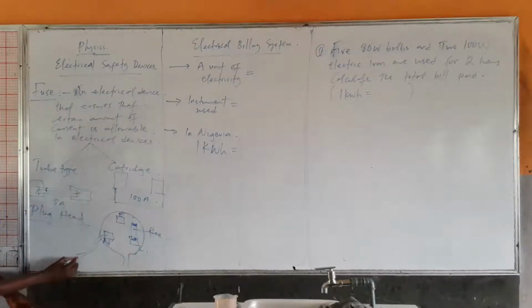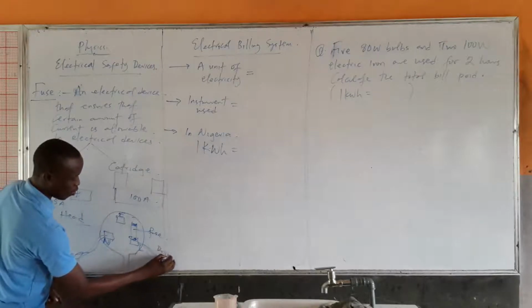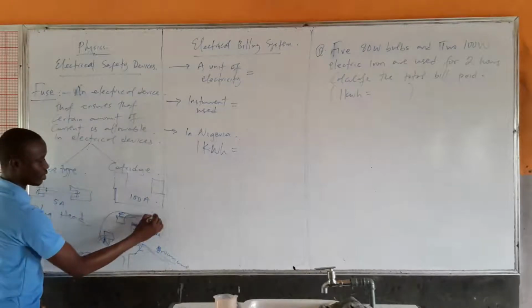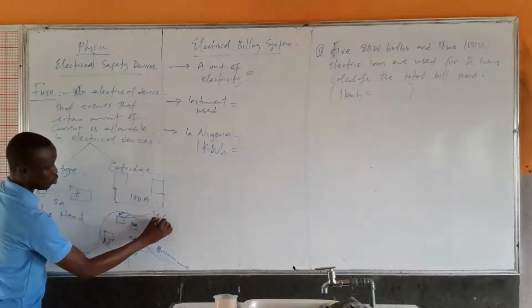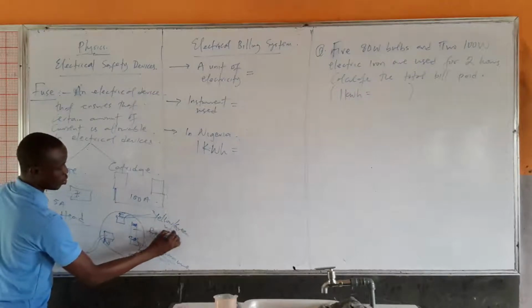The color of the wire connected to the neutral is most times blue wire. The color of the wire connected to the live is most times brown wire. And the color of the wire connected to the earth is yellow, or at times green wire.